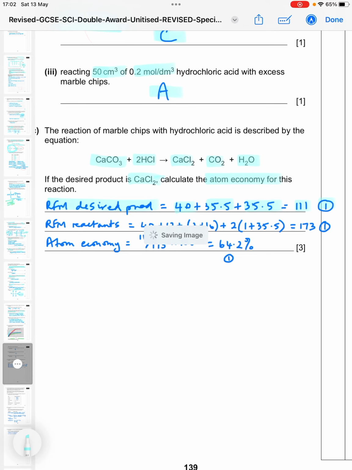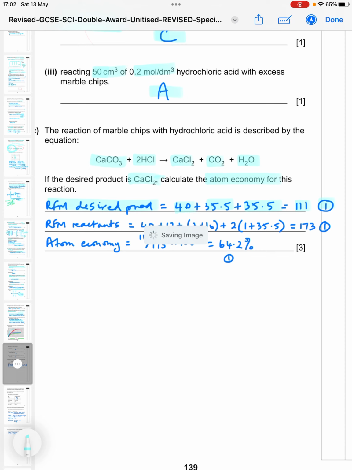Then the formula mass of the reactants has to be calculated. So that's CaCl2, which is 111. The carbon dioxide, which is 1 carbon, is 12, and 2 oxygens is 2 16s, which is 32. So 44 for the carbon dioxide, and then 18 for the water. So that the total there is 173.